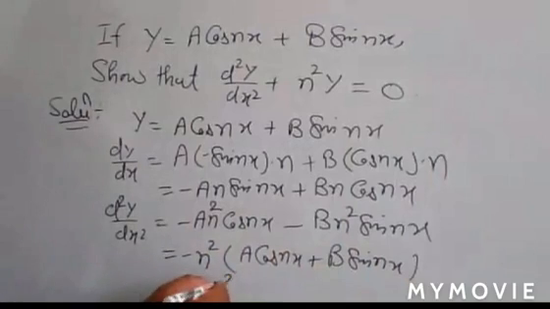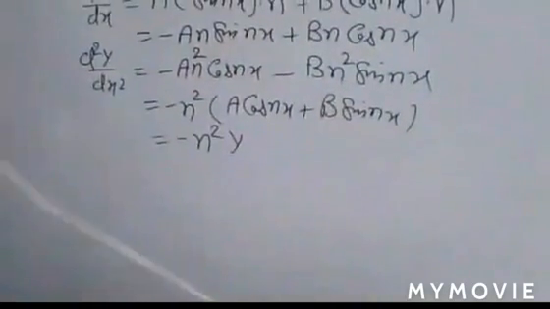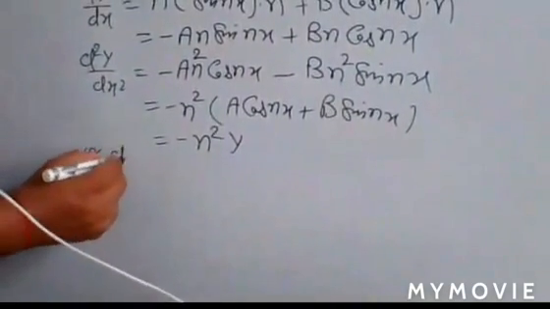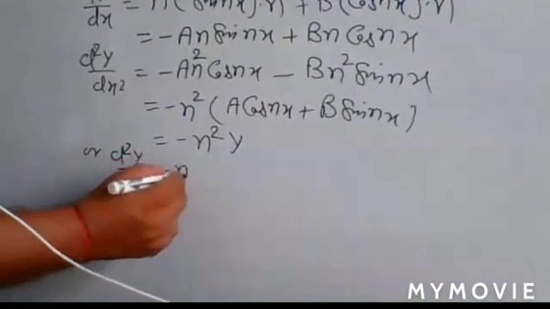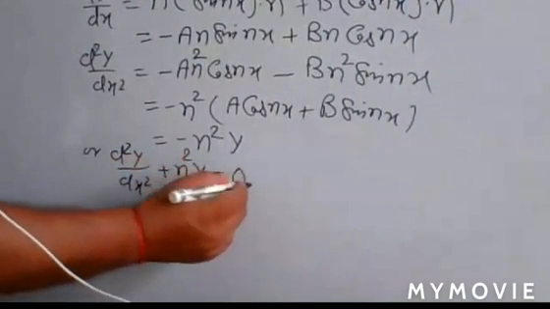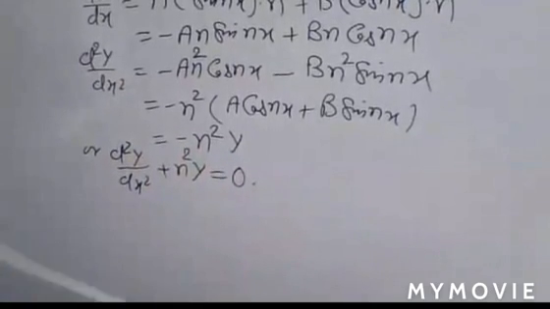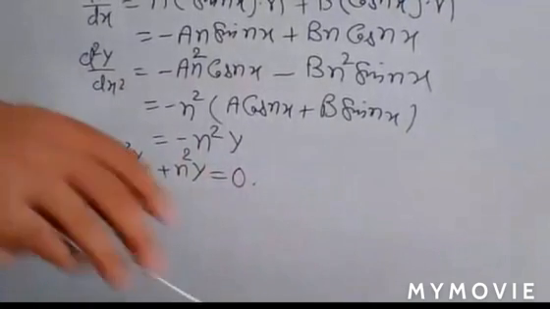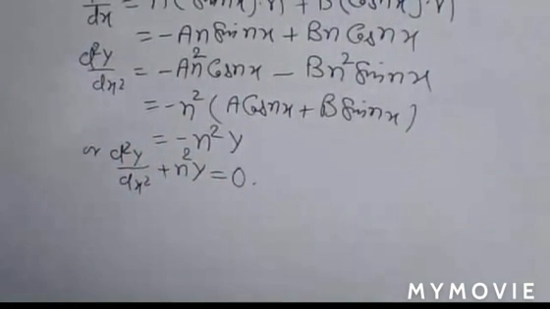So here you have minus n square y. Okay, now transfer this term to the left side. So you have d2y by dx2 plus n square y is equal to 0. That proves your result. Getting everyone?